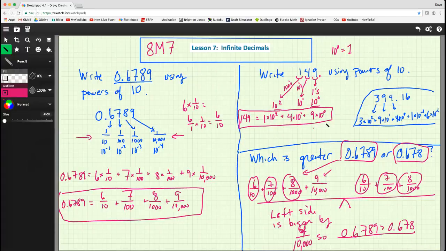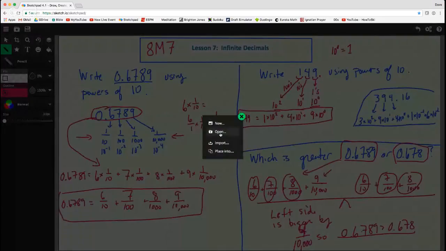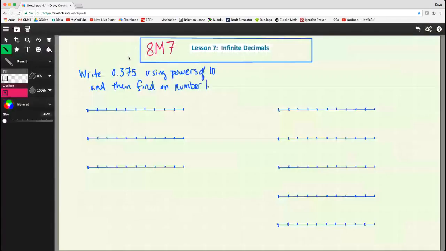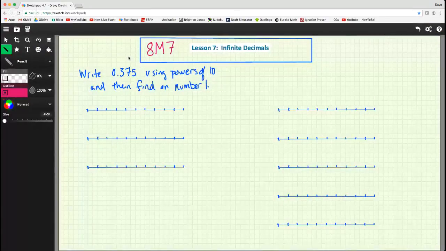So the whole key to this building block here is knowing how to convert decimals into these fractional representations. That's what we learned on this slide. So let's go ahead and use that, and we're going to learn how to put numbers onto number lines.